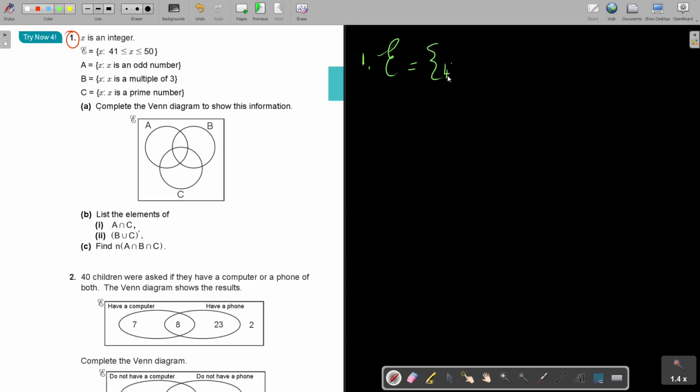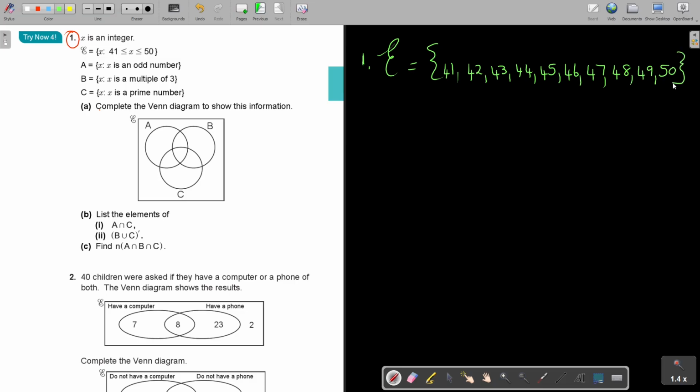So let's just first write it down. This is going to be 41. Remember, there's an equal sign. This is going to be 42, 43, 44, 45, 46, 47, 48, 49, and 50.